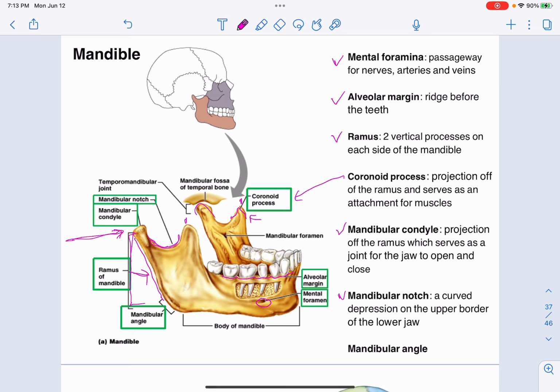That is the ramus of the mandible. There is an angle that then forms as it curves to the front here. That's the mandibular angle. So those are the features of the mandible. We also have the mandible isolated. So you could work from the isolated mandible to find all of these features.